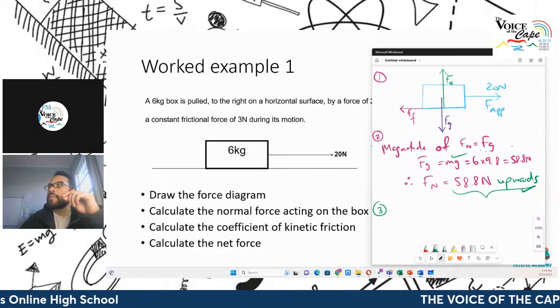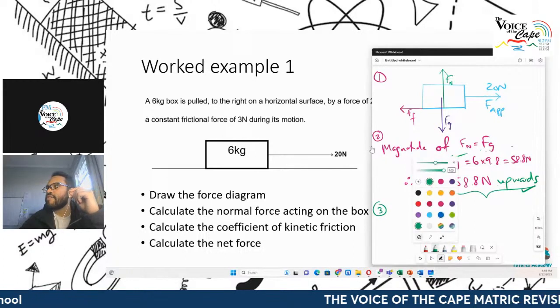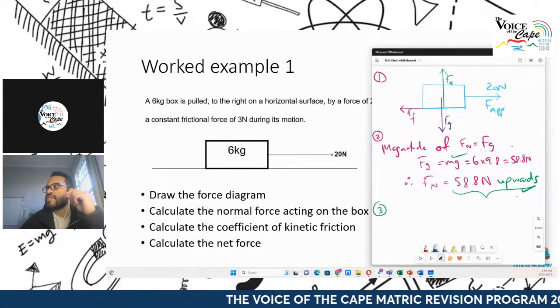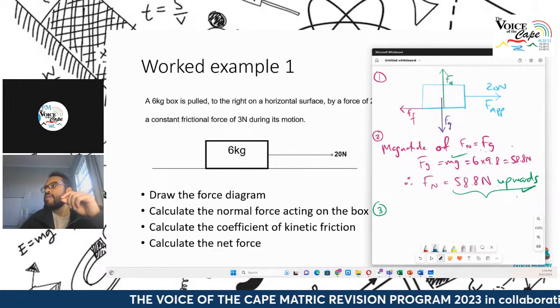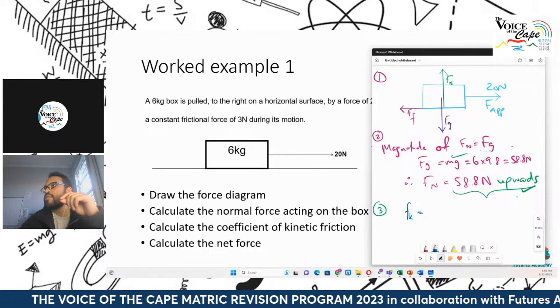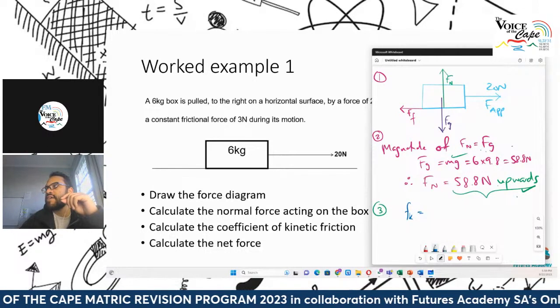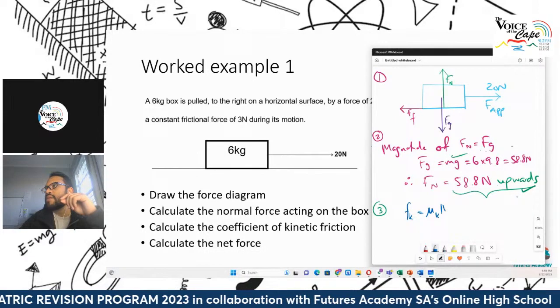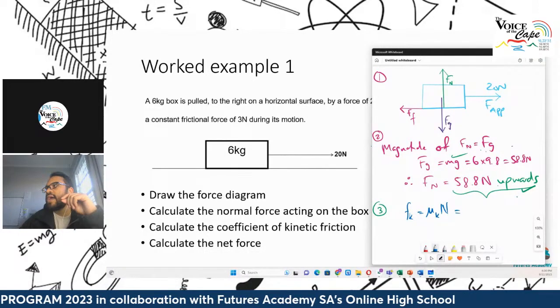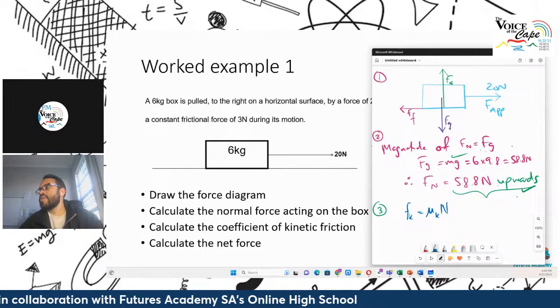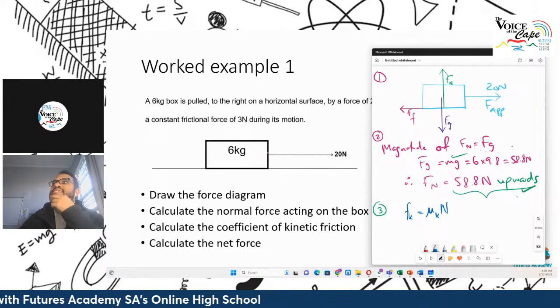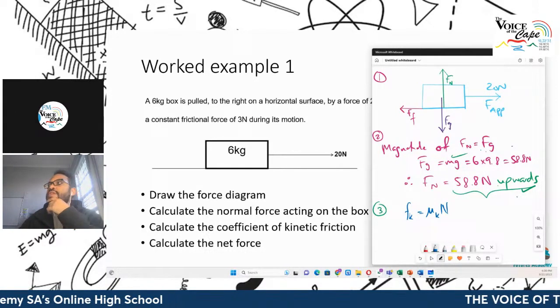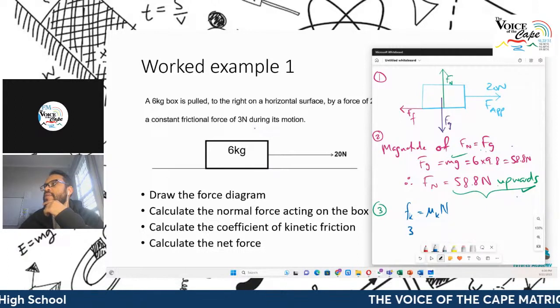Now, once again, in physical sciences, you get a mark for the formula if and only if you substitute as well. So let's say the formula for kinetic friction is Fk, or F little k, is equal to mu k multiplied by the normal force. And let's substitute. We know it experiences a constant frictional force of 3 newtons. So the magnitude here is 3.